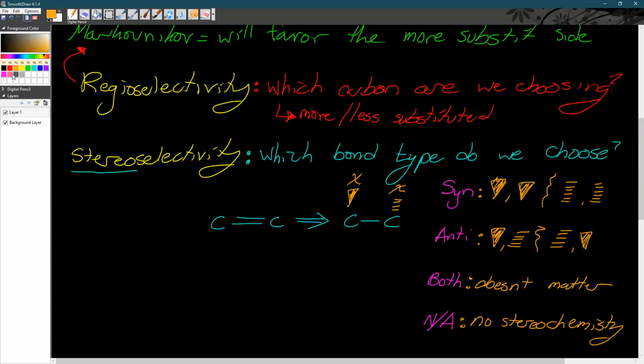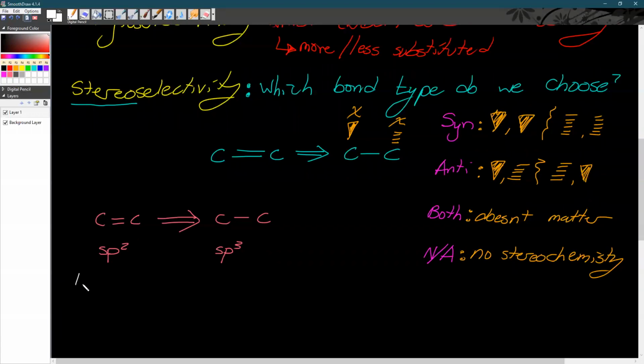Last bit about stereoselectivity. What I want you to know is that when we go from the carbon-carbon double bond to the carbon-carbon single bond, we're moving from sp2 hybridized carbons to sp3 hybridized carbons, right? So can we describe wedge and dash on these things? No. No wedge and dash. Let me label it like this: no wedges or dashes, okay?